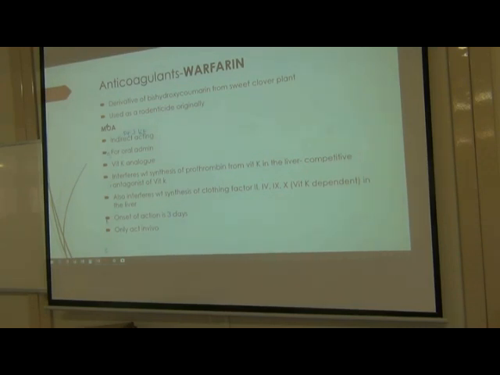It interferes with the synthesis of vitamin K. So it's an antagonist. That is why it is called an antagonist.